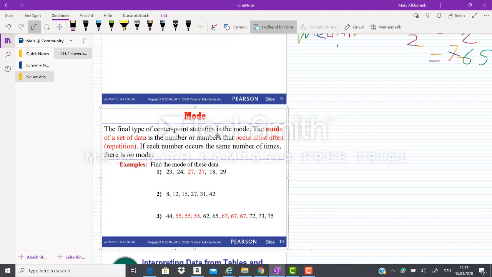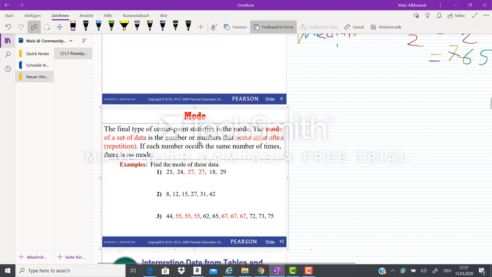Okay, the mode of a set of data is the number that occurs most often. It's the repetition. If each number occurs the same number of times, then there is no mode.